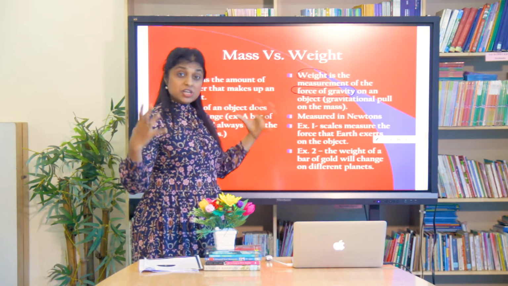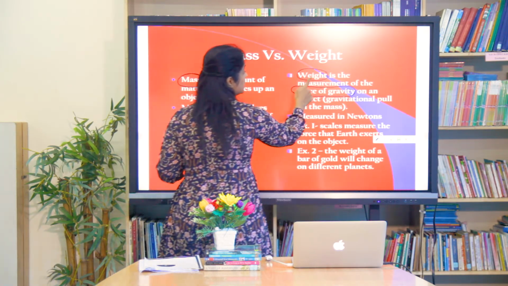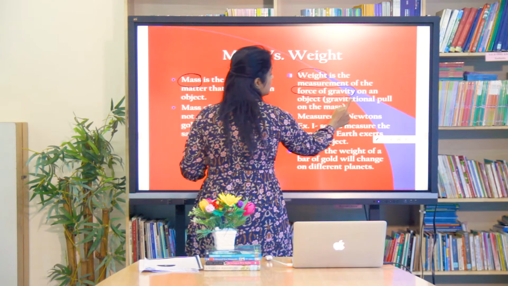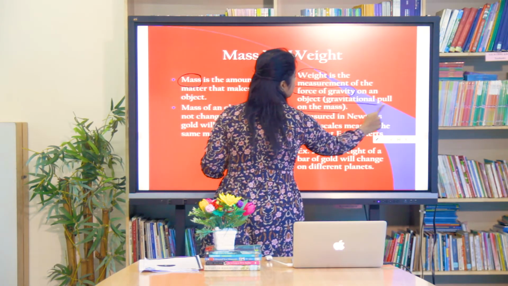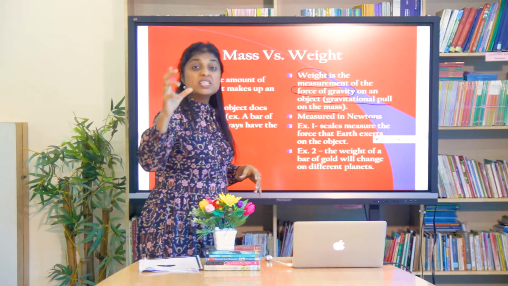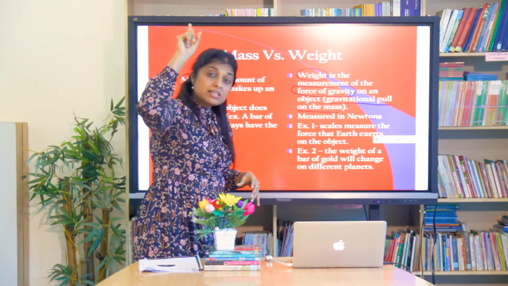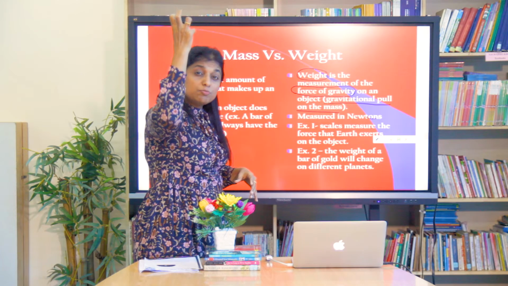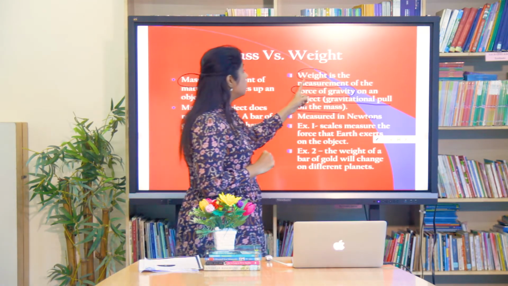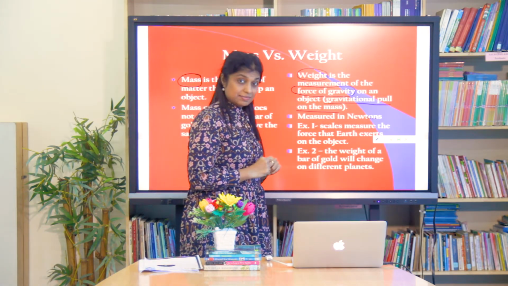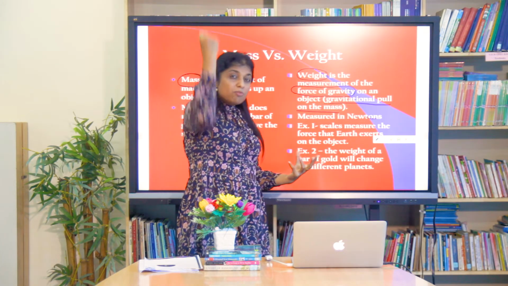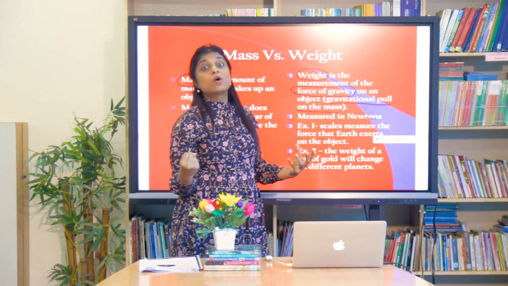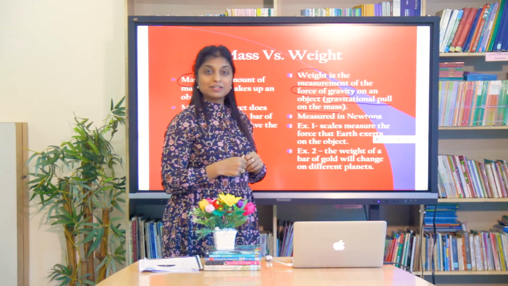Or you can just say weight is the gravitational pull on the mass. So weight is nothing but when there is a gravitational pull, there will be a weight. And since Earth has more gravity, there is more force, and that is why you weigh more.